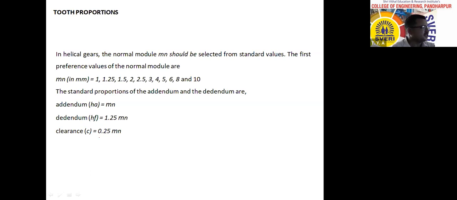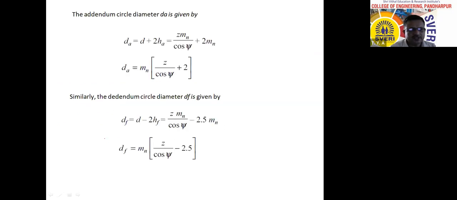Mn means the multiplication factor is 1. I think you have written.